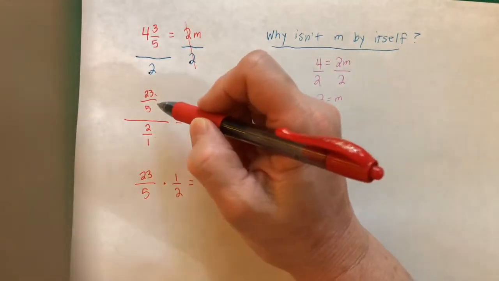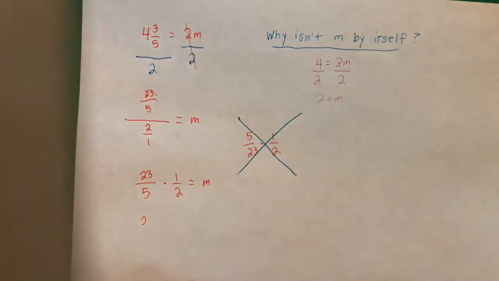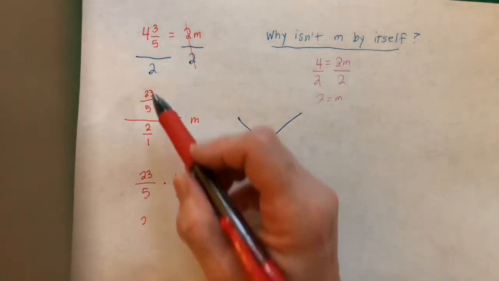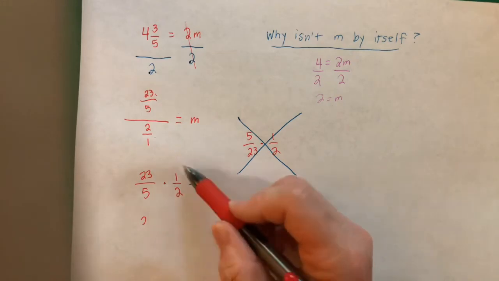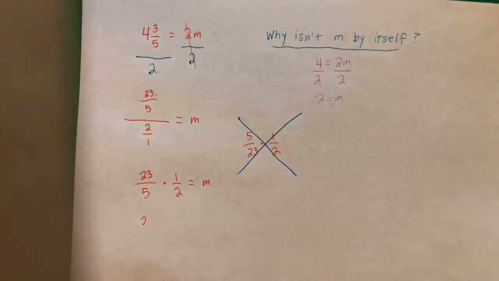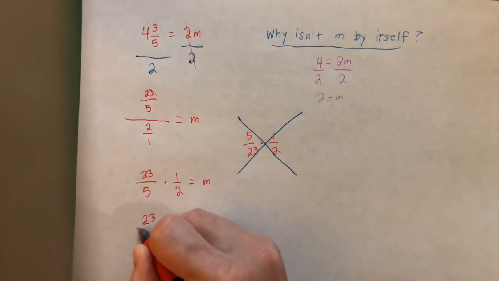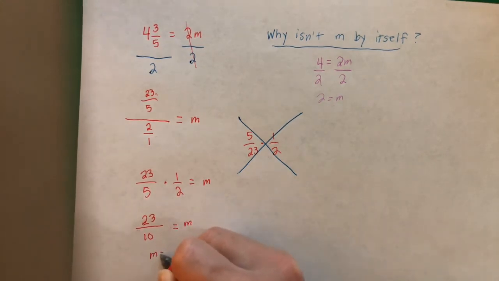We are going to multiply by the reciprocal. And so we are going to flip the second one. We're going to keep the first one, and we're going to change it to multiplication and flip the second number to get the reciprocal, not this way. All right? Now we get 23 over 10 equals m. So m equals 2 3/10.